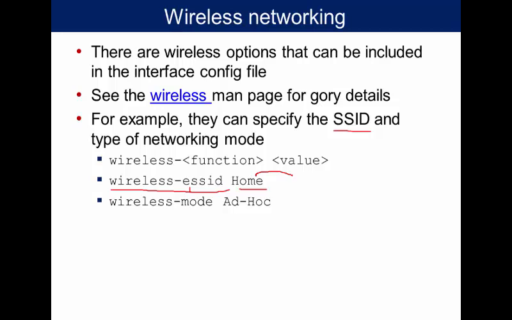Home is the SSID. If you set up SSID home when you set up access points, then that is that. Or if you want to do ad hoc communication, then you can do that also.